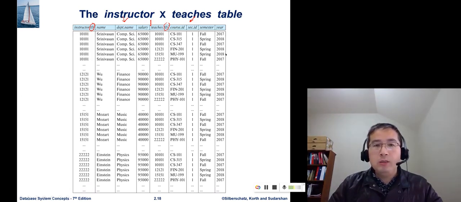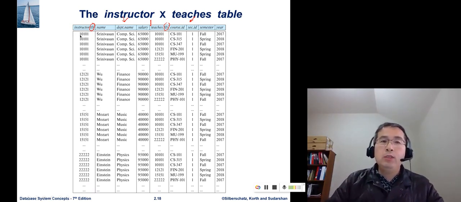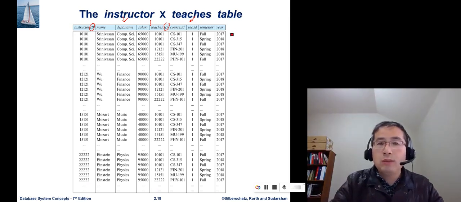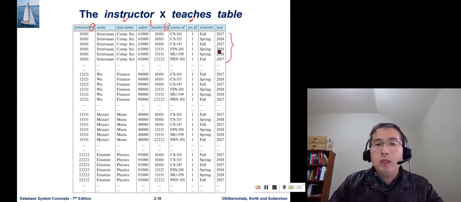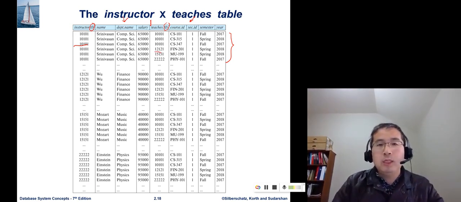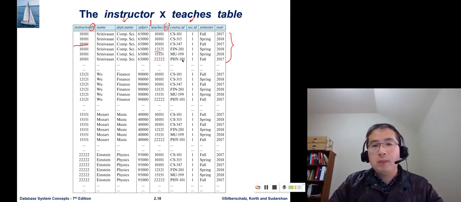You can find this is just like a rigid mapping. For each record in instructor, we match all the records in teaches, even though this ID is not equal to this ID, we still list them out. So this is the idea, called the Cartesian product.